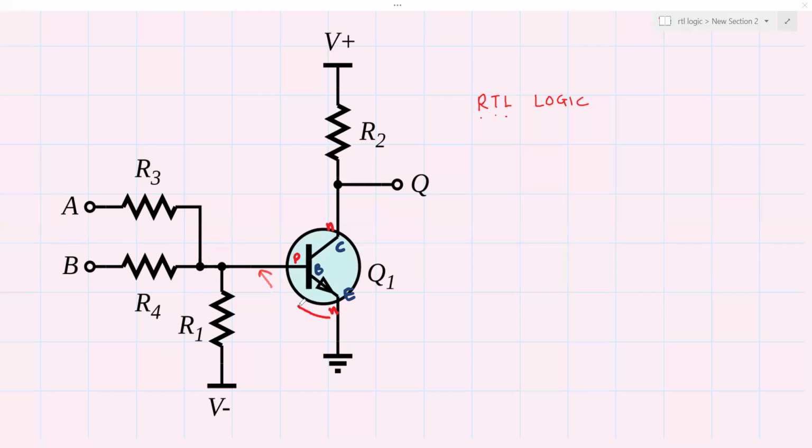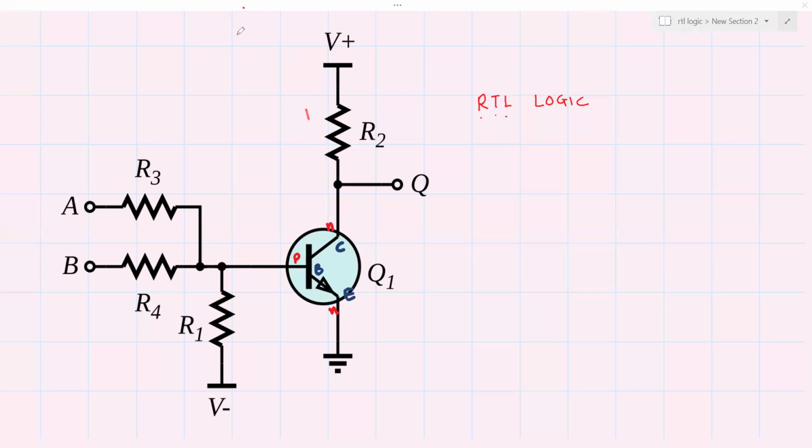So there is no voltage difference between the base and the emitter. So this junction is reverse biased and the transistor is in the cutoff region. Since the transistor is in cutoff region, there is no current flow through the collector of the transistor, and the transistor is said to be switched off.